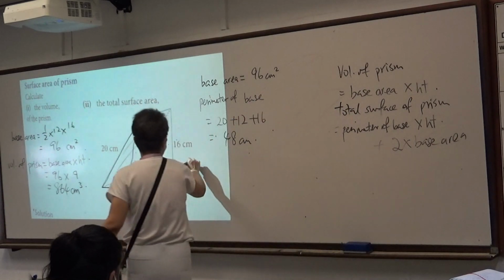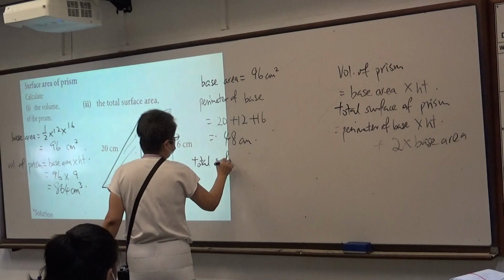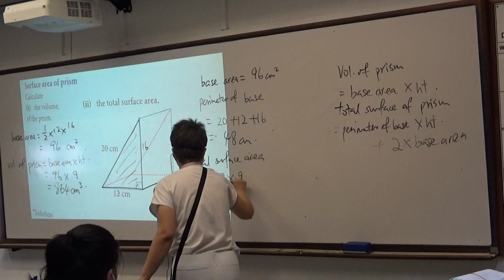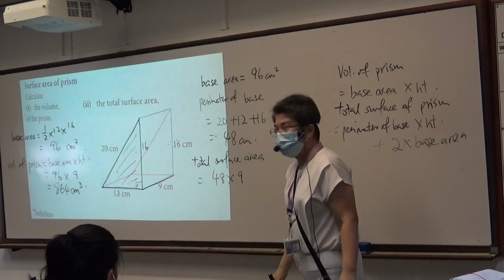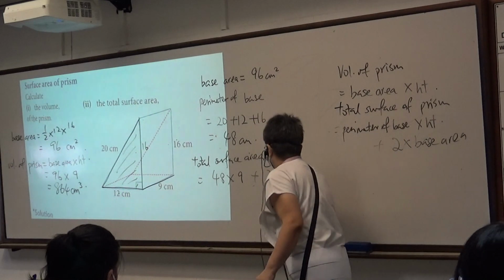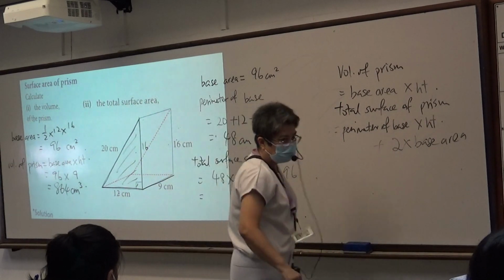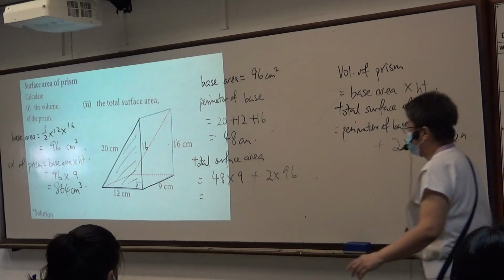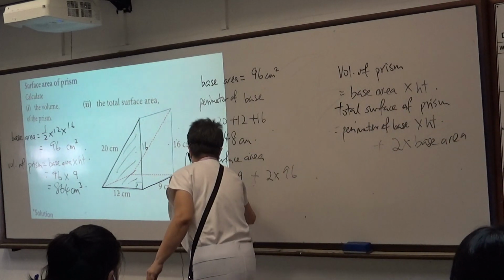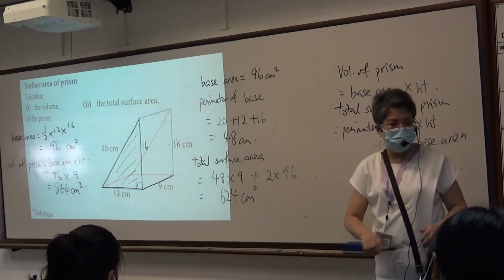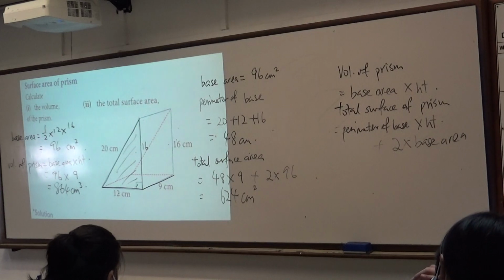So I will have total surface area equals 48 times 9 plus 2 times what? 96. Okay. You'll be able to get the answer. What's the answer? 624 cm squared.